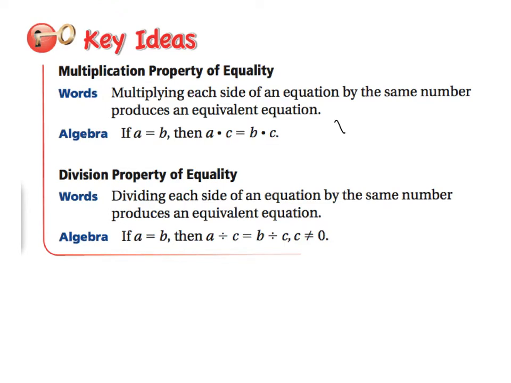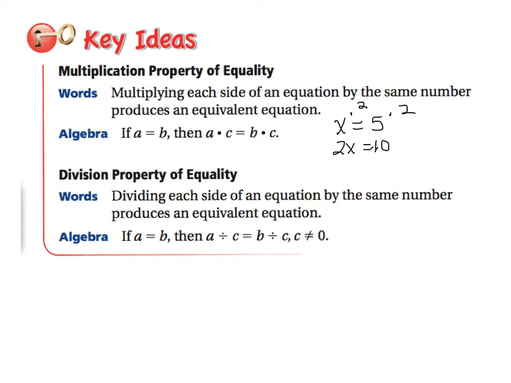If X equals 5. If I multiply X by 2, I then also have to multiply 5 by 2. And that would give me 2X equals 10.